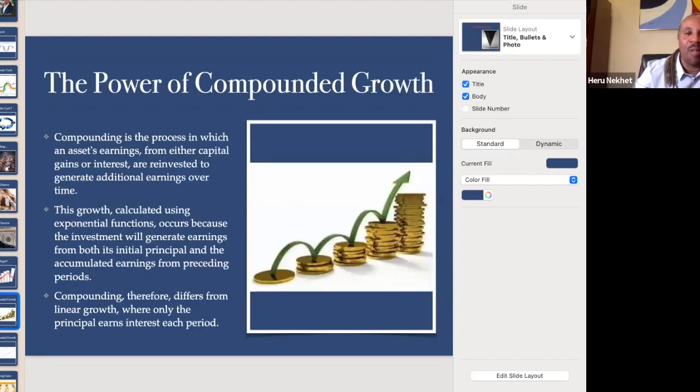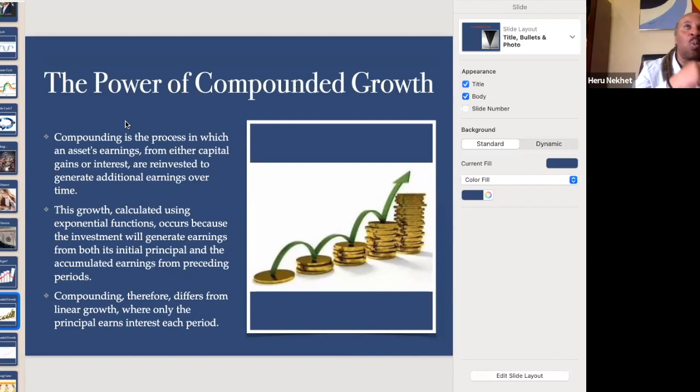So if we look at, and we have to understand why it works in terms of averages, because we have to understand compounded growth. So most of us are used to just linear growth. If you put your money in a jar at home, or in your mattress, every time you put money in there, you just add to it, but it doesn't grow any greater than what you put into it. That's linear growth, right?